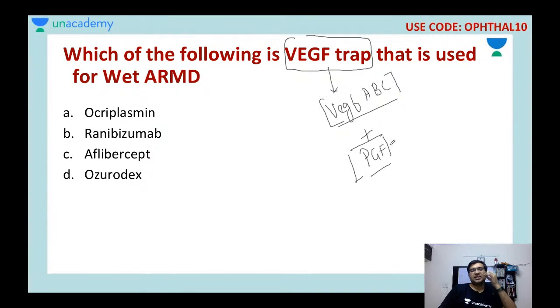This is called VEGF trap, also comes by the trade name of Eylea. Okay, and the answer here is C, that is aflibercept. So aflibercept is basically the VEGF trap which can be asked in the question. It is basically used in wet ARMD as well as in macular edema.